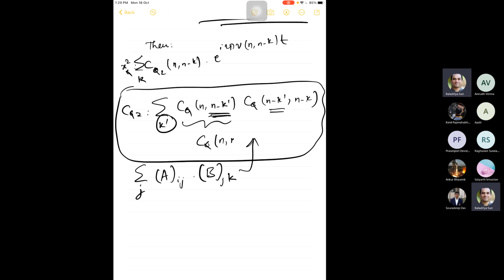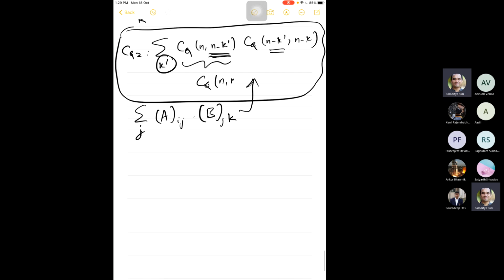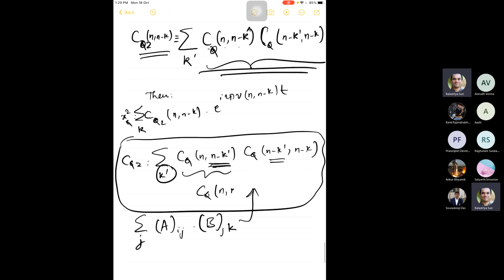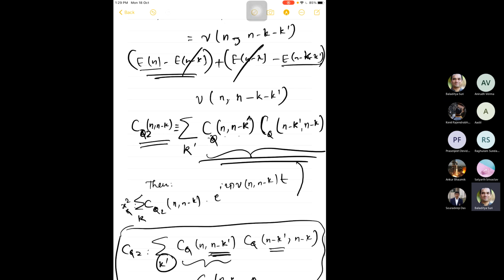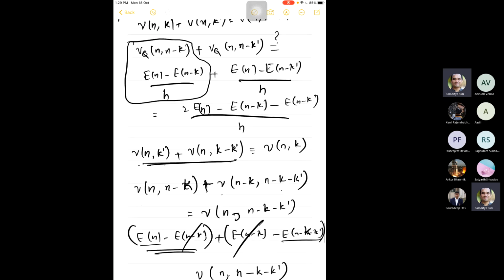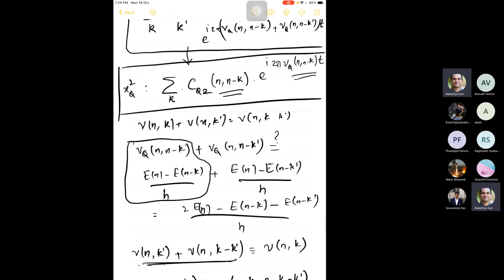So now we started by saying we don't know what CQ is, but then Heisenberg discovered that the CQ should have the properties of a matrix. I want you to fill in the steps. This is a very simple rearrangement going from here to here.